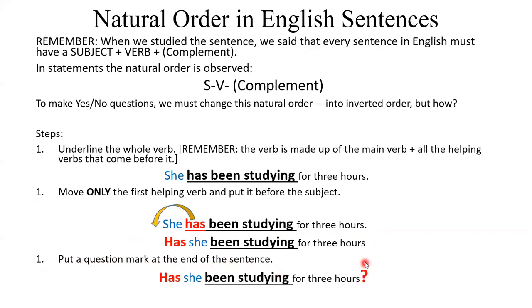So without a question mark, this is going to be a big problem. All questions must end in a question mark. So the question would finally be written as, has she been studying for 3 hours? We move on.